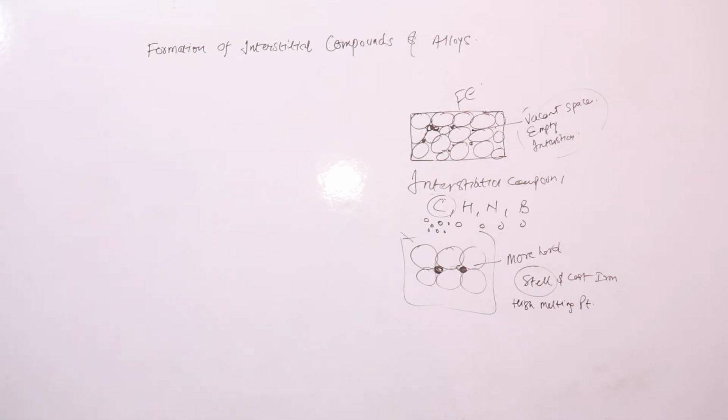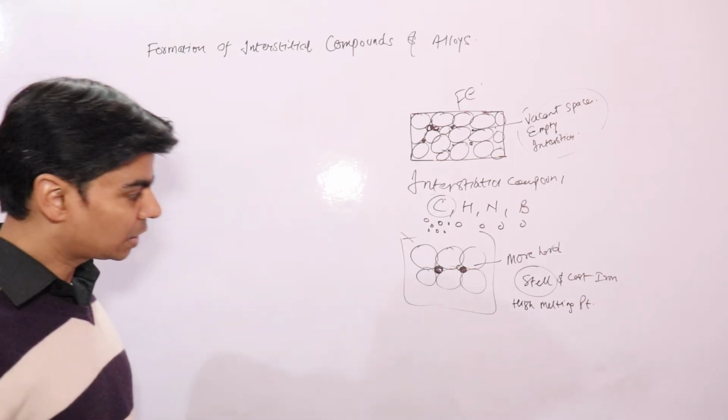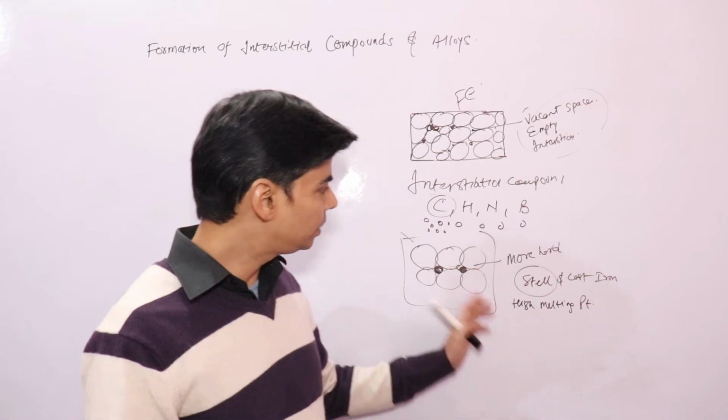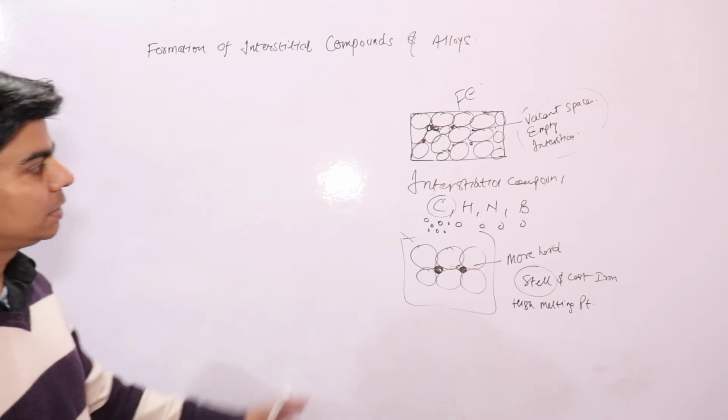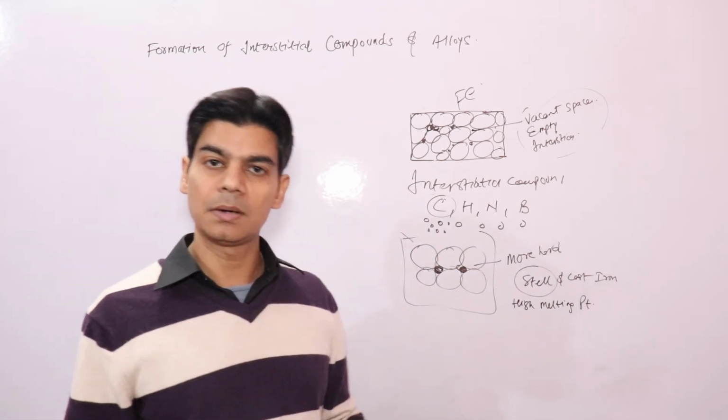And it will not affect their electrical conductivity. It would be the same as the original element like iron, and melting points will increase, like I said. So I think this is clear. What are interstitial compounds?